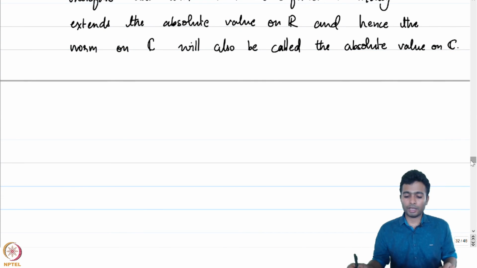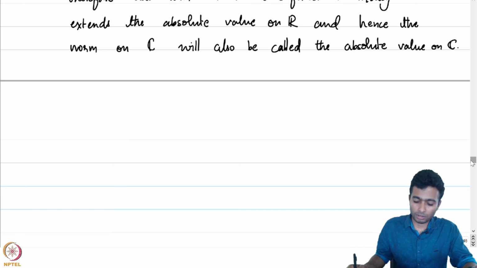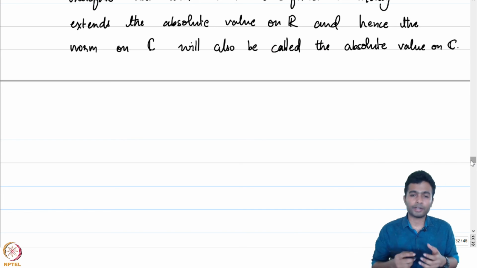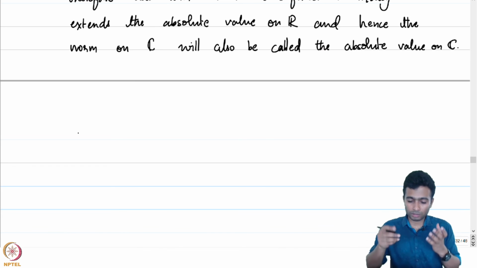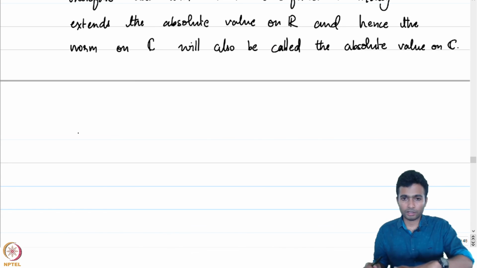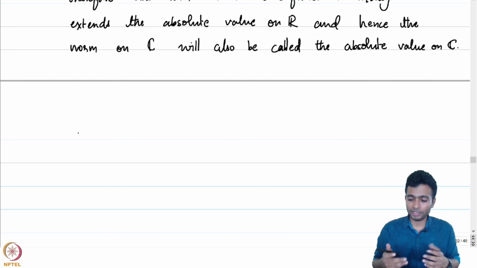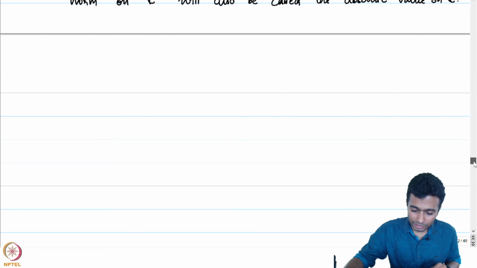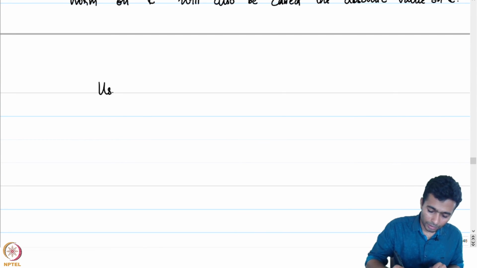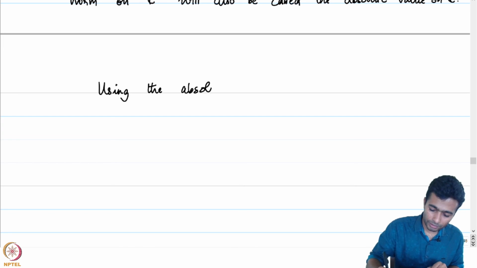All right, so in any normed vector space, we can talk about a metric. Let's now define a metric on C using the norm which we just defined, the absolute value. We'll just use the standard definition using this absolute value.